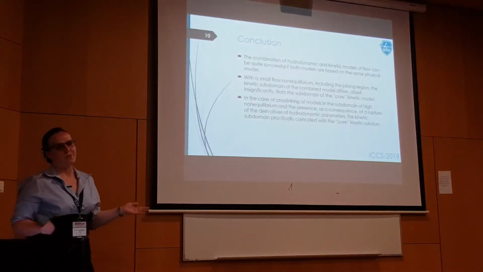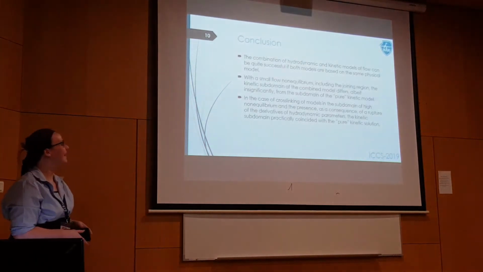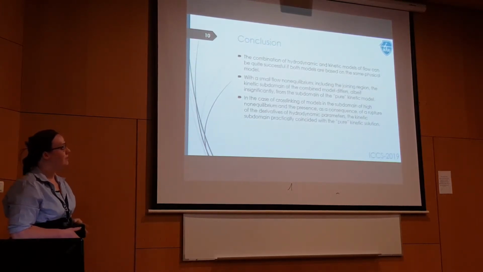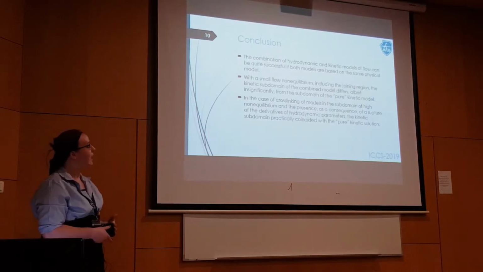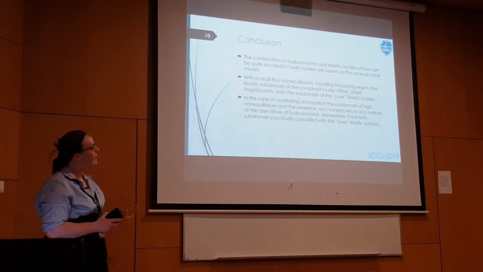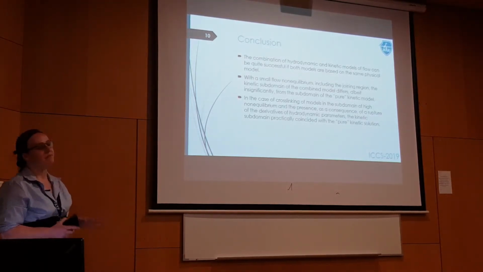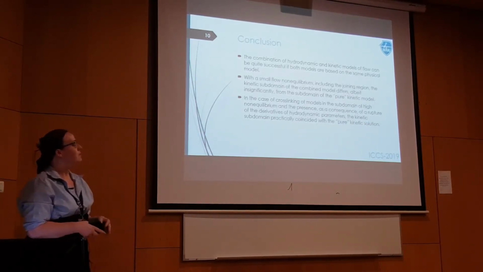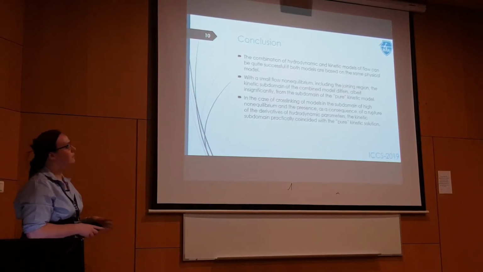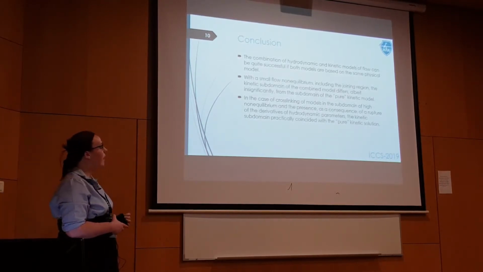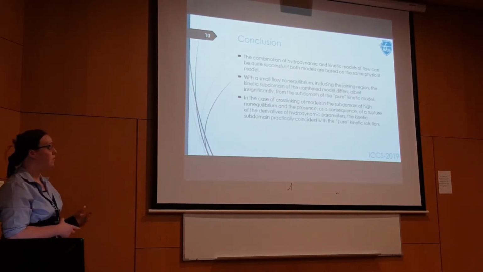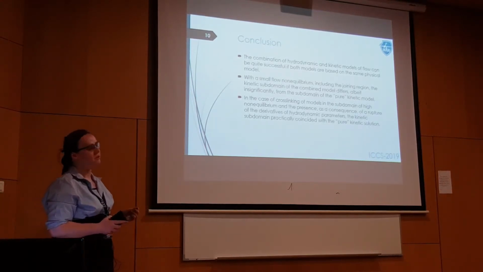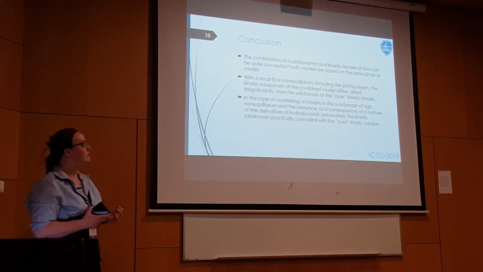In conclusion, I'm trying to be as fast as possible. We know that the combination of hydrodynamic and kinetic models of flow can be quite successful if both models are based on the same physical model. In our case, this was true. With a small flow non-equilibrium, including the joining region, the kinetic subdomain of the combined model differs, albeit insignificantly, from the subdomain of the so-called pure kinetic model.